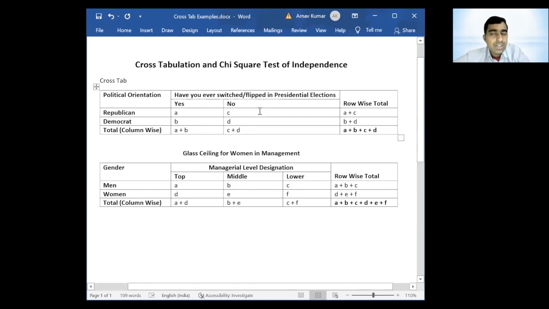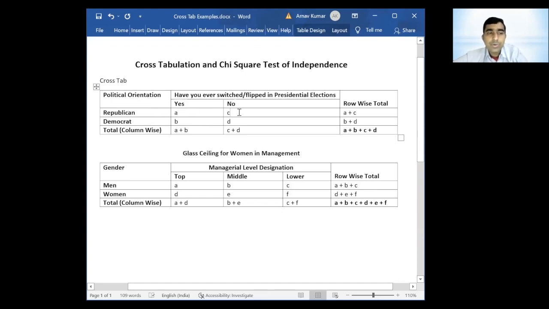What we are essentially representing is one variable in rows and another variable in columns, and then the cells represent these numbers or values. For example, what does A represent? A represents those Republican voters who have switched sides. B represents those Democrat voters who have switched sides.